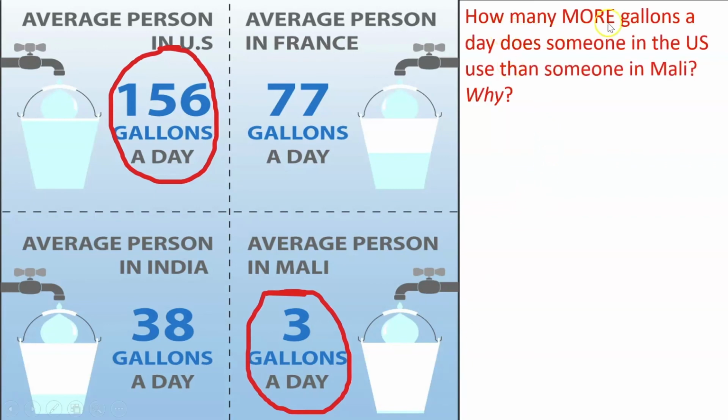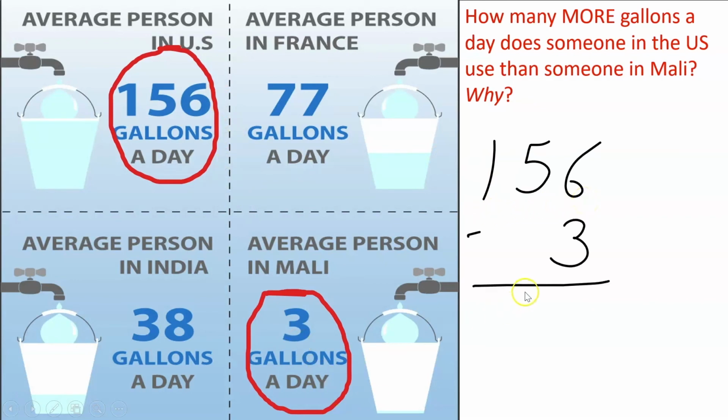So how many more gallons a day does someone in the US use than someone in Mali? And as you're working that out, think about why. Why do they use 3 gallons in Mali and 156 gallons in the USA? So we have 156 minus 3, and what would that be?